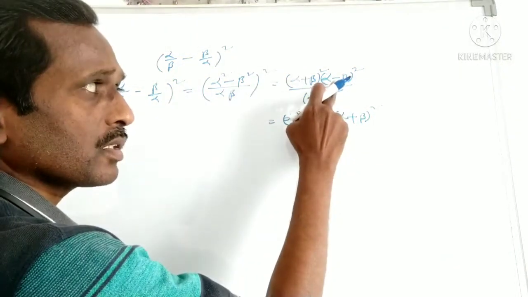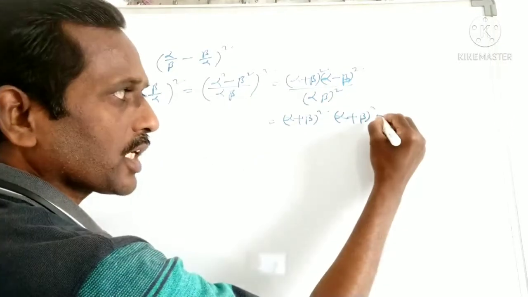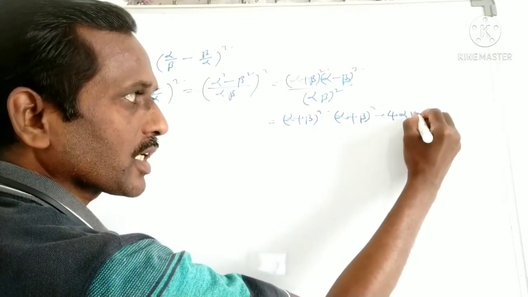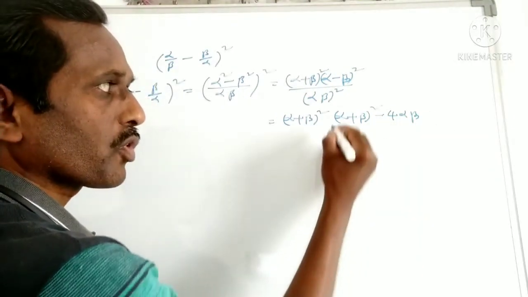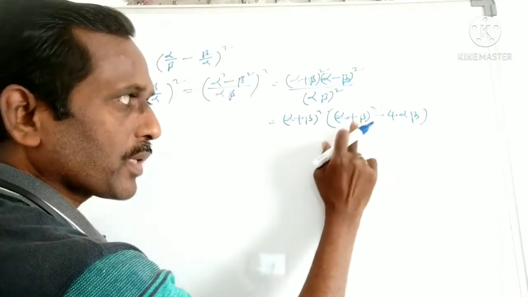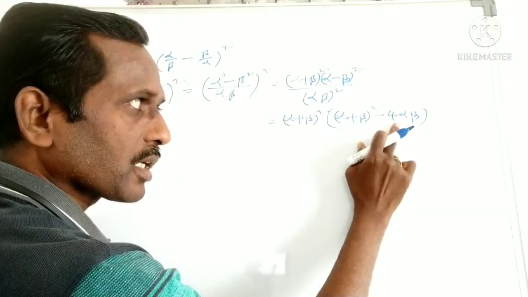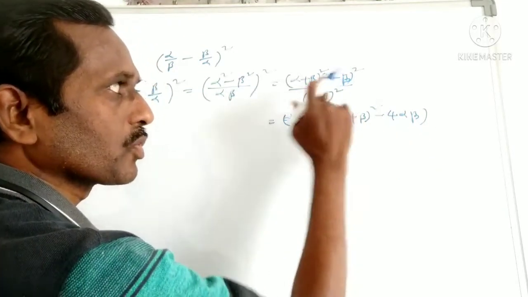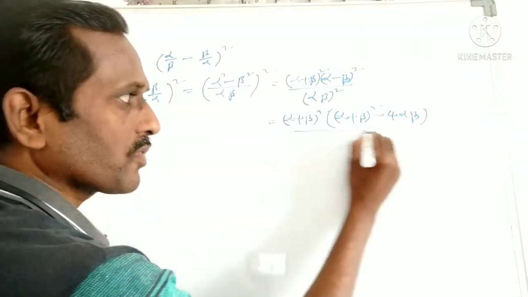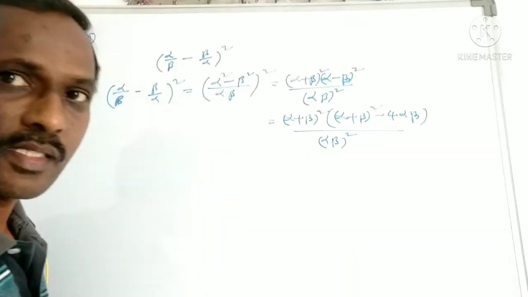If I expand alpha minus beta whole square, it is alpha square plus beta square minus 2 alpha beta. So to get the minus 2 alpha beta, we can write it as alpha plus beta whole square minus 4 alpha beta. Divided by alpha beta whole square as it is.